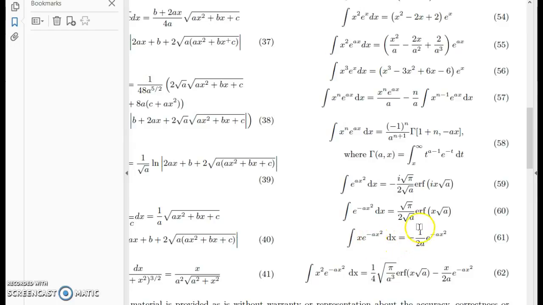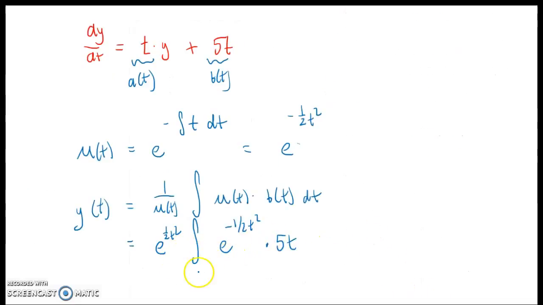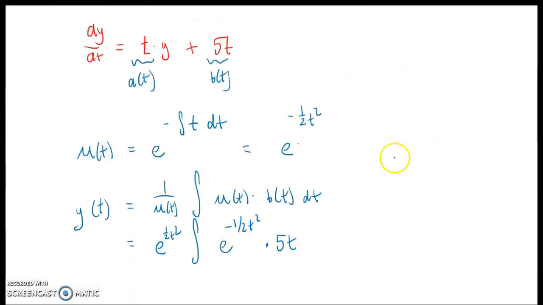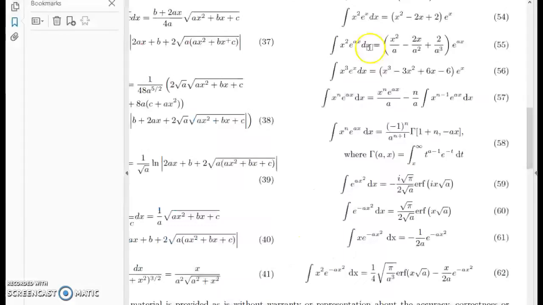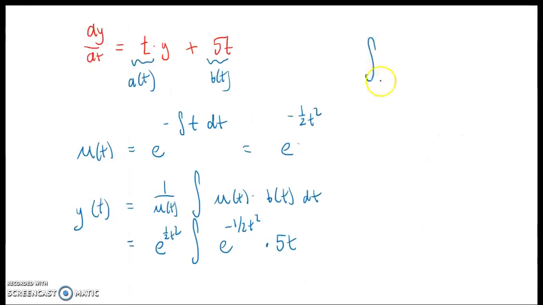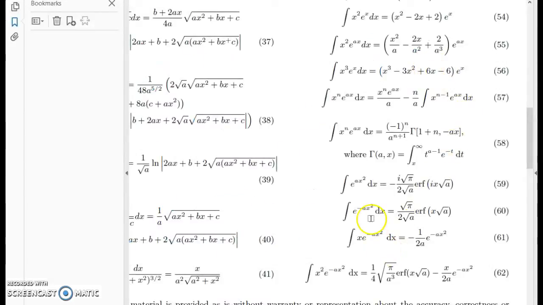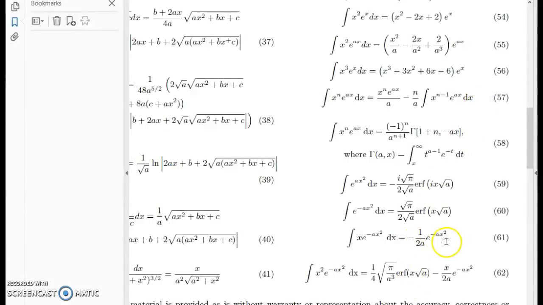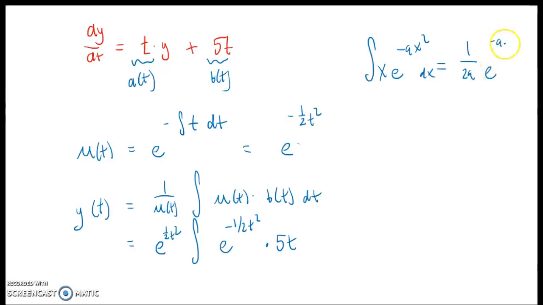So the integral of x e to the negative ax squared with respect to x is negative 1 over 2a e to the negative ax squared.